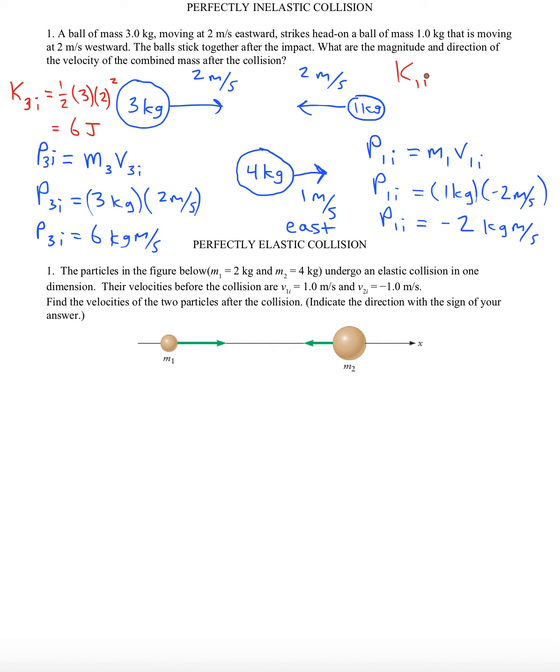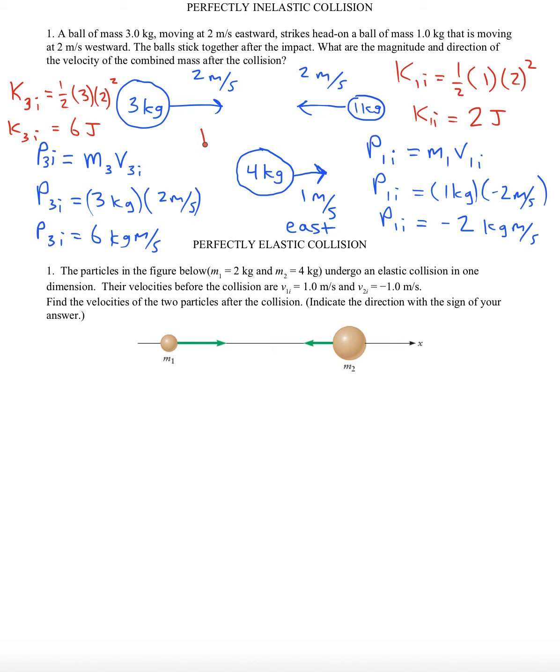And K1I would be 1/2 mv squared, so 1/2 times 1 times 2 squared, which is 2 joules. Okay, so our sum of kinetic energy at the beginning is clearly 8 joules.